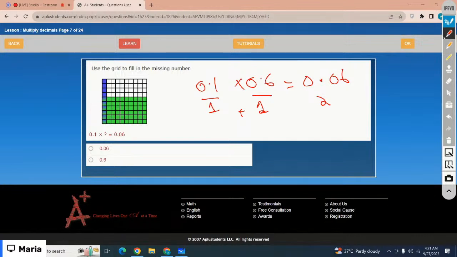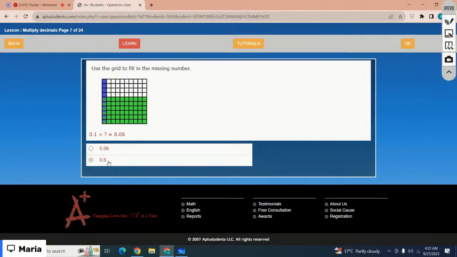You can even see the decimal places in the answer like this. Got it? So that is 0.6. No, no, not 0.06. You just count these lines, that is 0.6. 0.06 is the product of both the numbers, right?